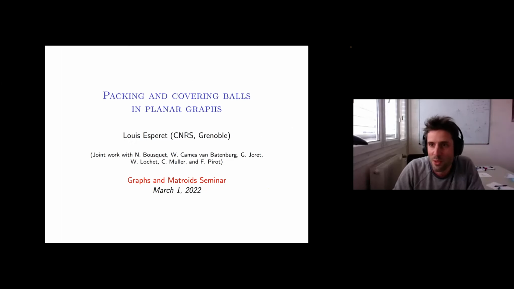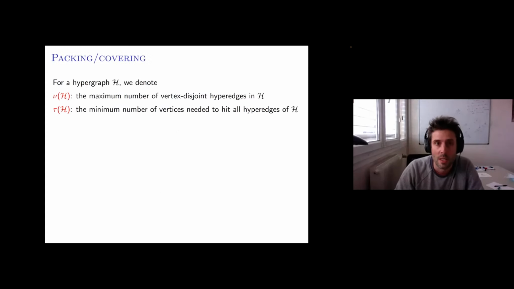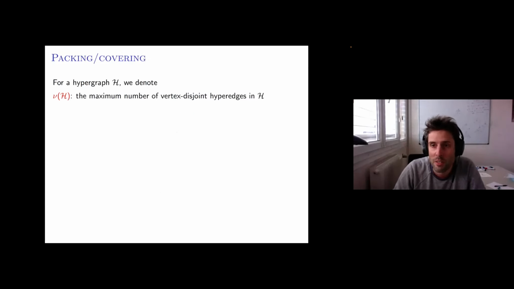So before I talk specifically about balls in planar graphs, let me talk about packing and covering in general. When you have a hypergraph, there are two very nice and important natural parameters, nu and tau. Nu is the packing number, or the matching number.